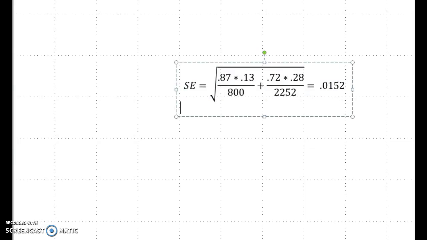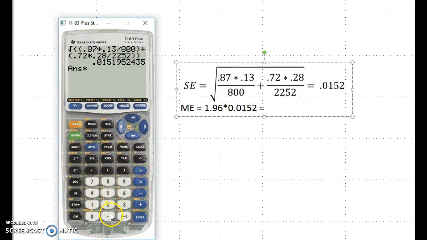Then, once I have the standard error, the margin of error is, since it was a 95% confidence interval, I multiply that by 1.96. So with the calculator, I can just say times 1.96. So 0.298. No? Yeah. I want to keep it with 4 decimals because I haven't got my final set. 0.0298.